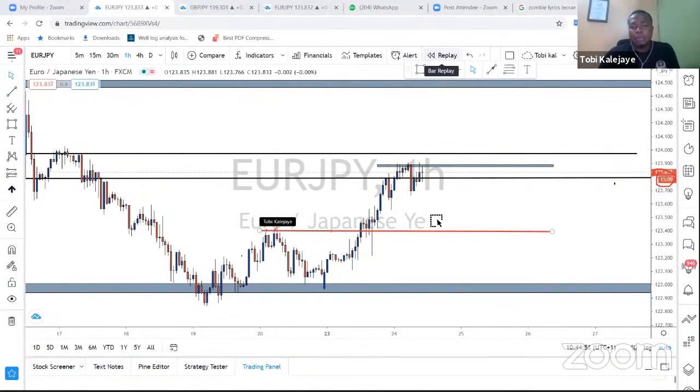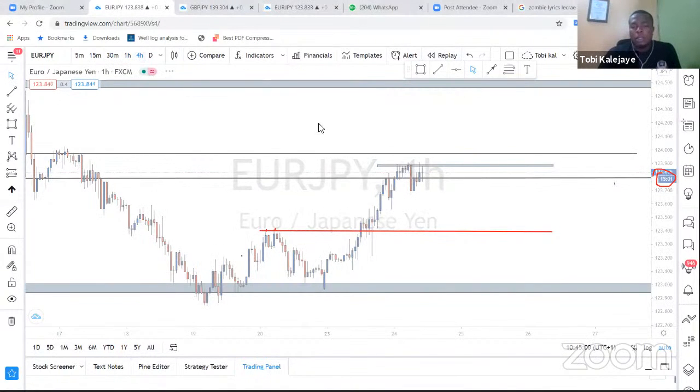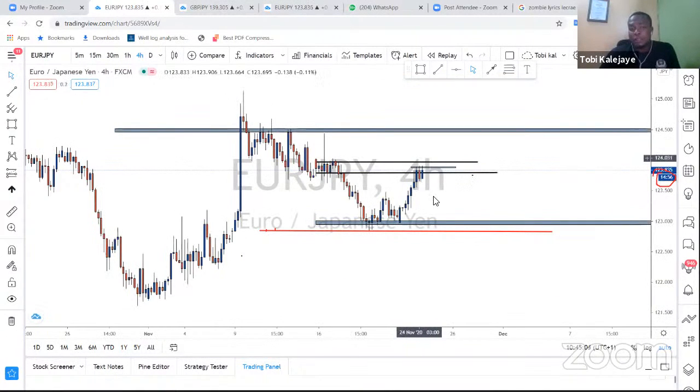So if I'm expecting that price will get to this level, what will happen if that doesn't happen? What can I do? It's not a hard thing. If price fails to sell, and after entering the trade my stop loss gets hit, then the next opportunity is that price should come and give us a close above this level.